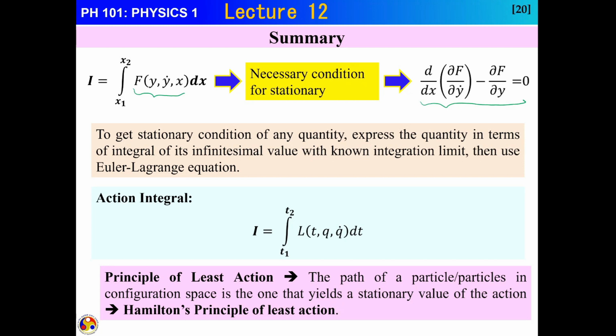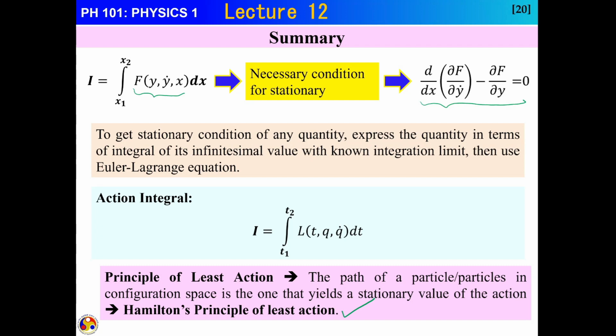For example, when you leave a particle in a gravitational field, it just goes straight down with the form y equal to ut plus half at square. It cannot have any other form unless you impose a constraint on that motion. This kind of action is called Hamilton's principle of least action.